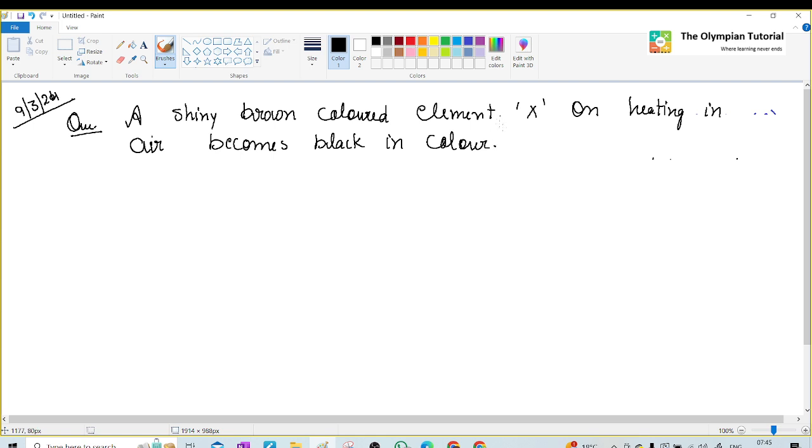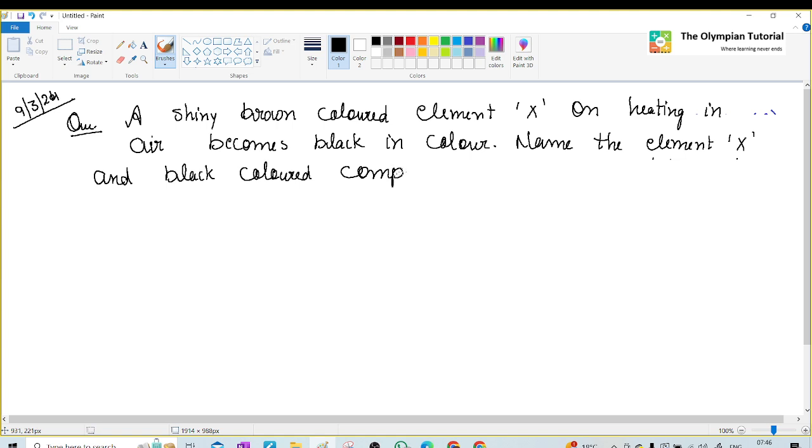Name the element X and the black colored compound formed. Ma'am, is this the burning of coal?